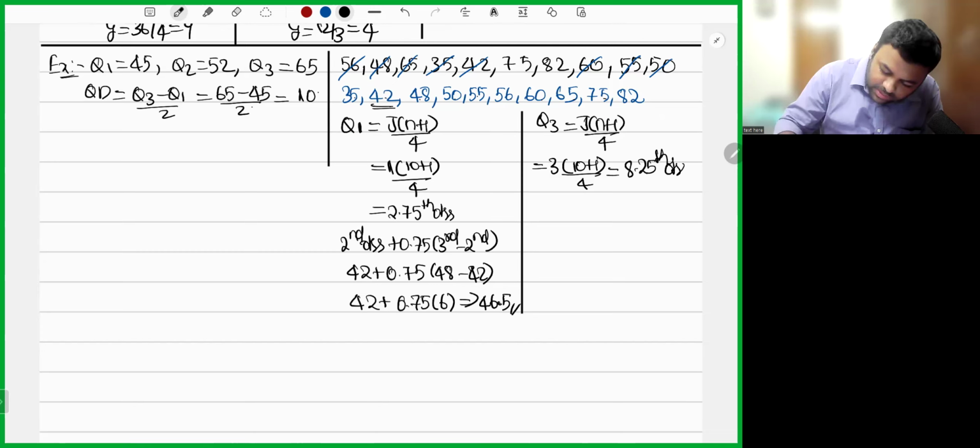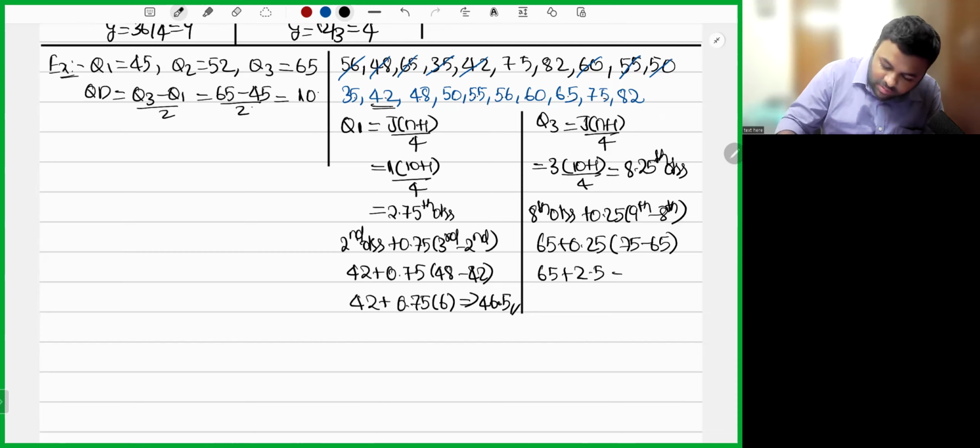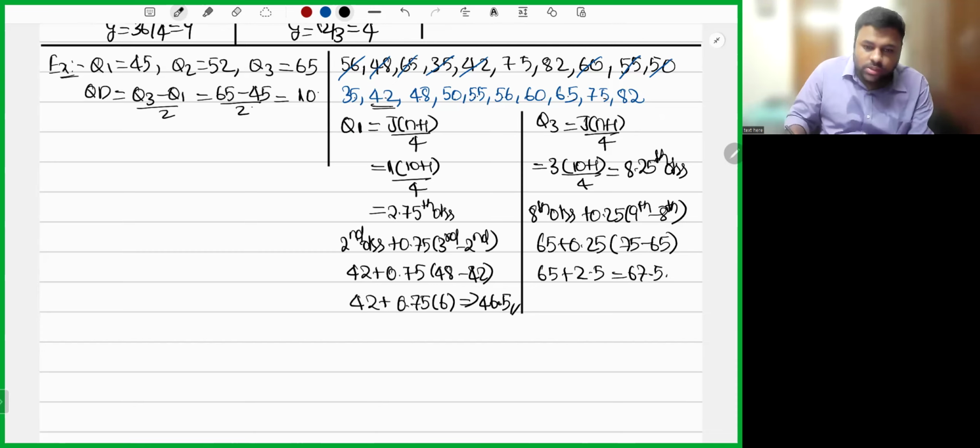So it will be 8th observation plus 0.25 into 9th minus 8th. The 8th observation is 65, plus 0.25 into 75 minus 65. So 65 plus 2.5, 67.5. Okay. So we got quartile 1, we got quartile 3.